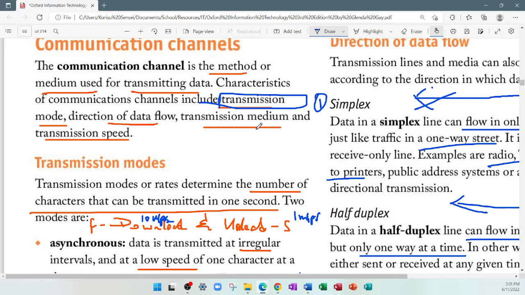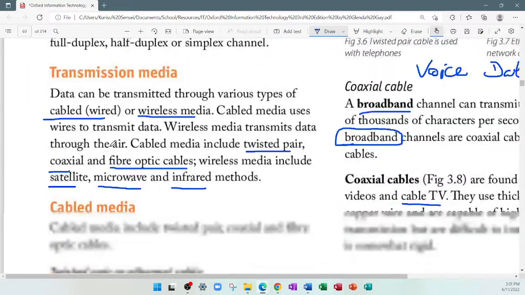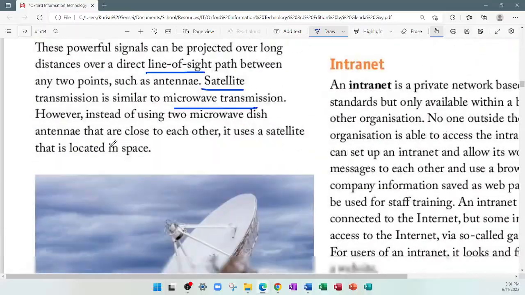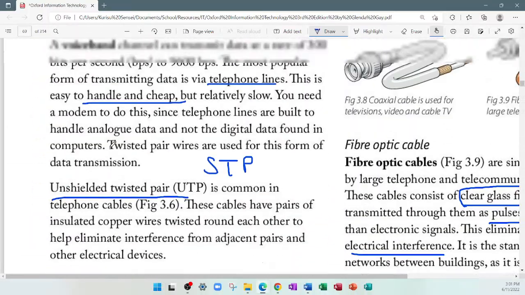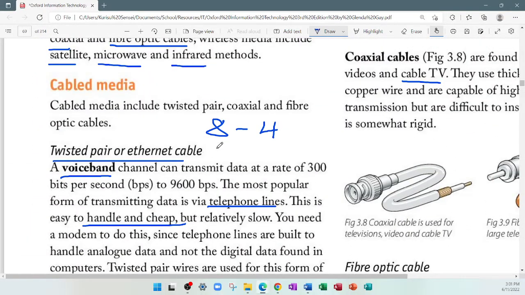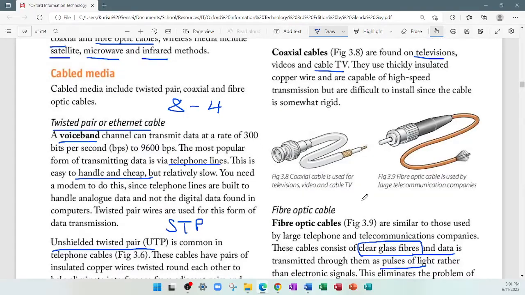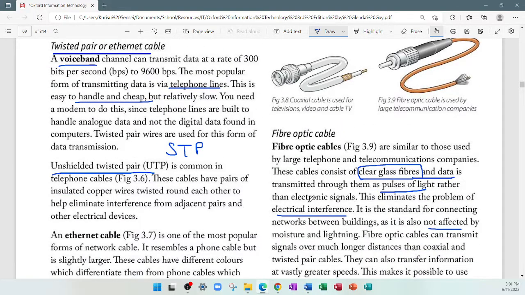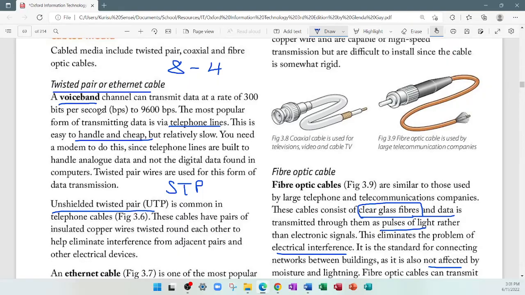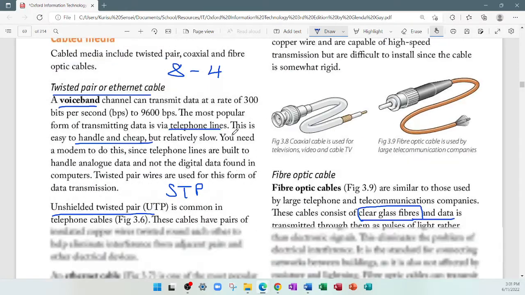The transmission medium is what you are going to use to transfer the data, whether it's cable or wireless. And the transmission speed is how much data can be transferred. Fiber optic allows you to transfer more data than Ethernet and coaxial cable.